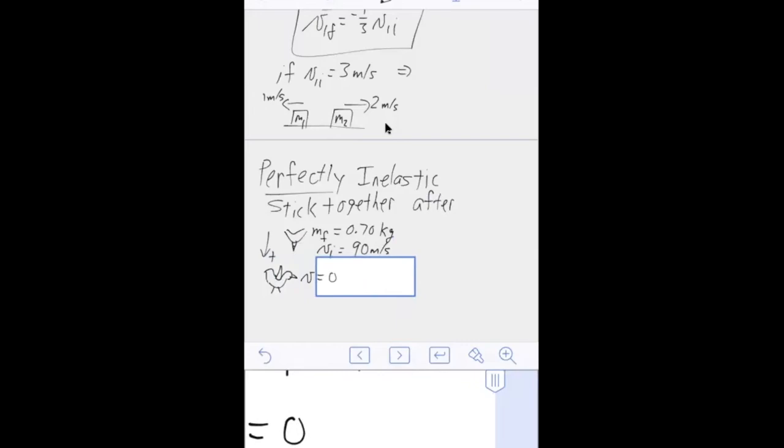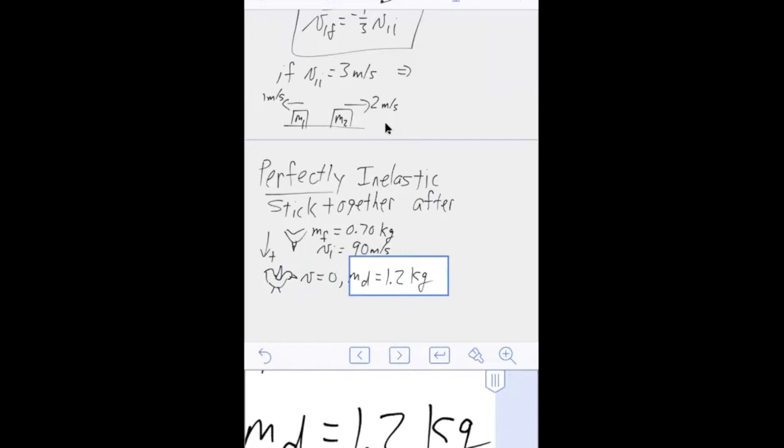And the mass of the duck, I use a typical mallard duck of about 1.2 kilograms.